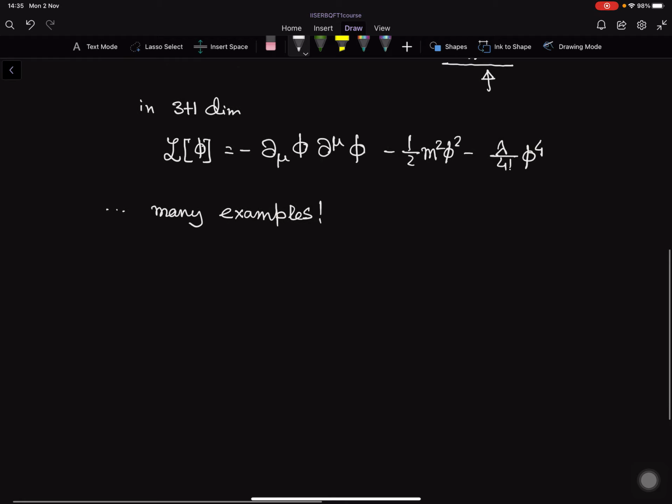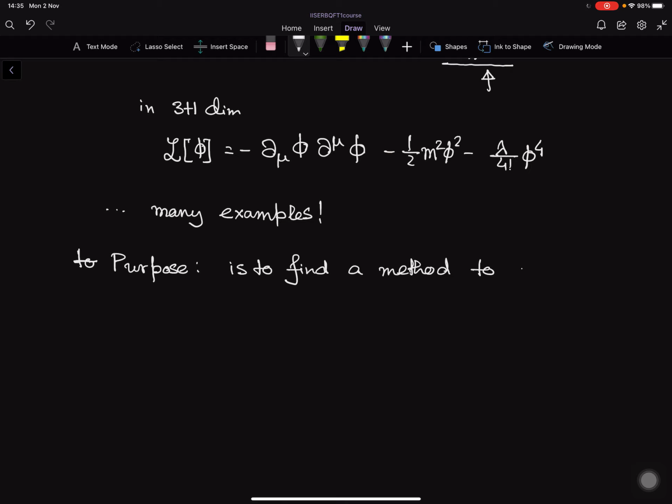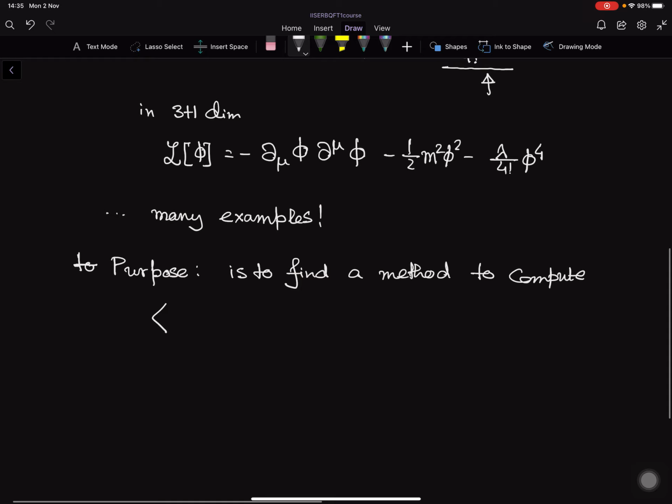Okay, so the purpose of this lecture is to find a method to compute the time ordered correlation function of the Heisenberg picture operators.